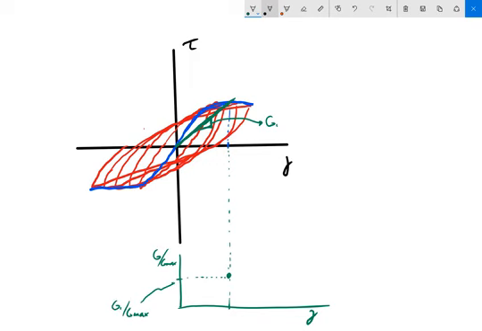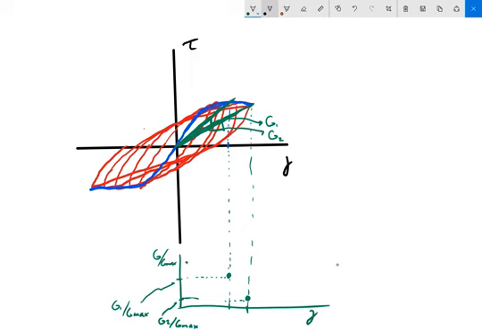And then for maybe this value of strain, this slope here may be equal to G2. That slope's going to be G2 over G max.